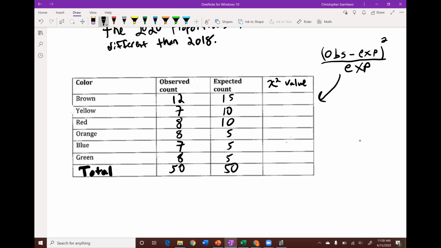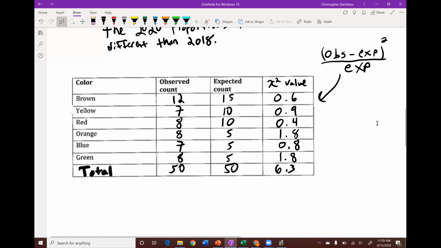And that will always be the case. So if we did not square that numerator, we'd always get a sum of 0, which would not be a useful piece of information. So that's the reason for squaring that term. All right, I'm going to go ahead and fill out this column, and I'll be back in just a moment.